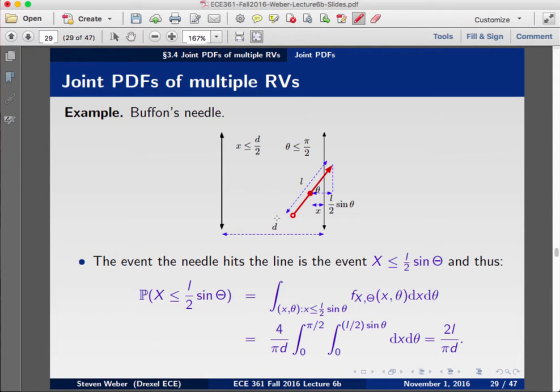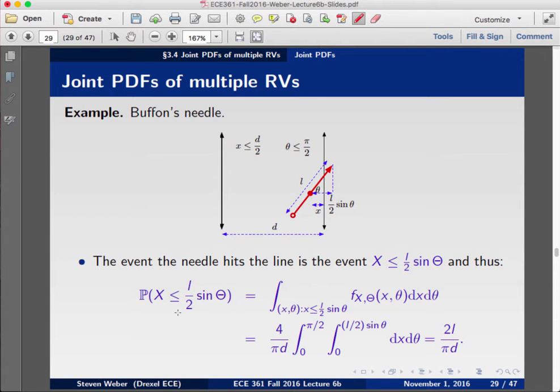Okay, so again, recall our picture, and now observe that the event that the needle hits the line is equivalent to saying that the distance from the center of the needle to the nearest line, x, is less than the distance on the x-axis from the center of the needle to the tip of the needle, which is L over 2 sine theta. So I've translated the English statement that the needle hits the line into the mathematical equation that the random variable x must be less than or equal to L over 2 sine theta.